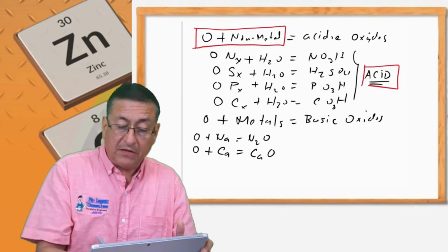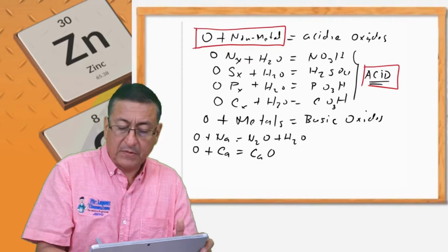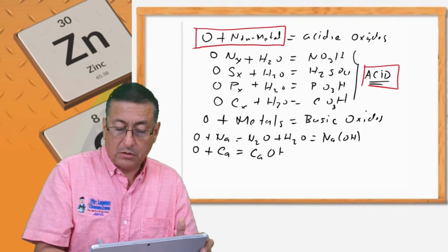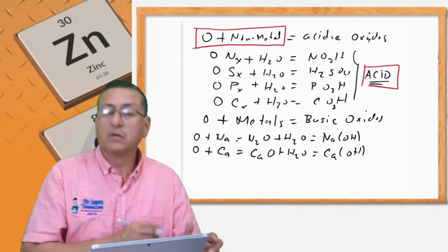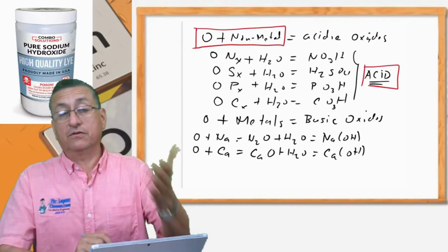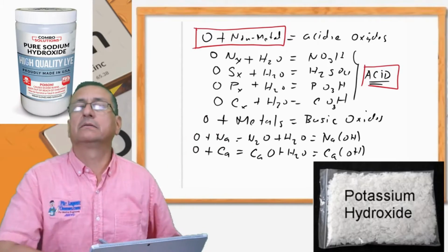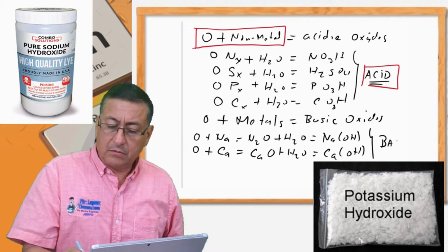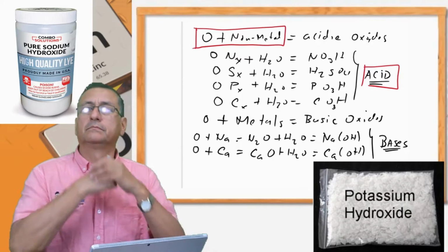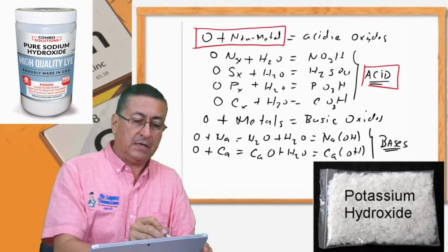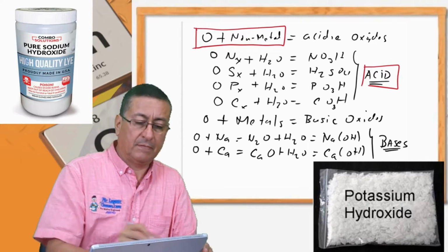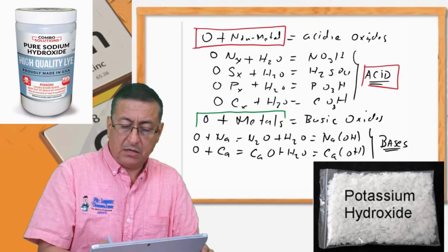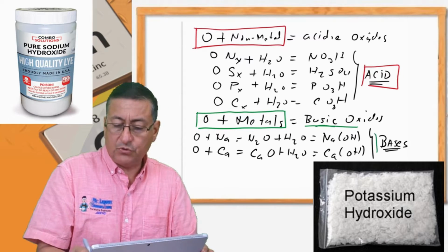The basic oxides plus water produce hydroxides. Hydroxide of sodium, hydroxide of potassium, and other ones. And those are bases. Nice, no? Oxygen plus metal, basic oxide, and produce bases.